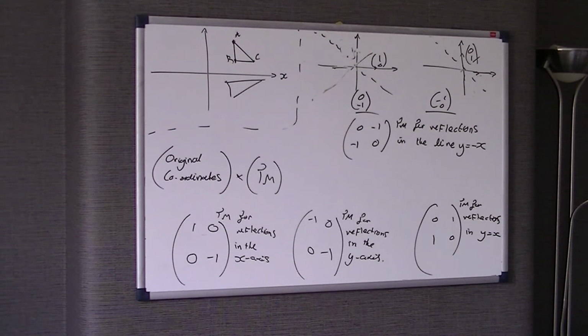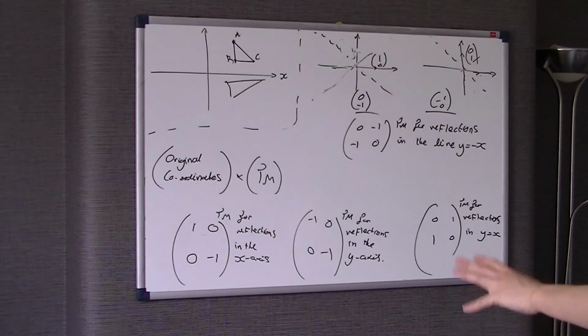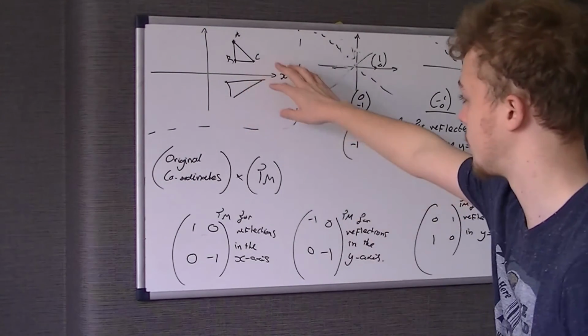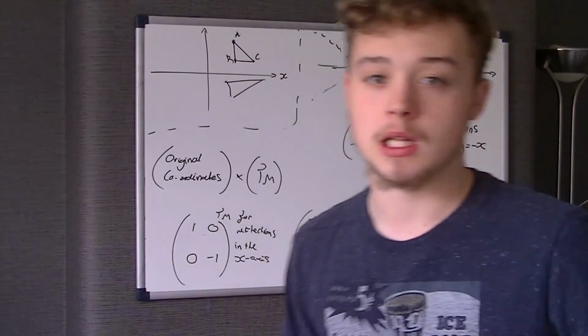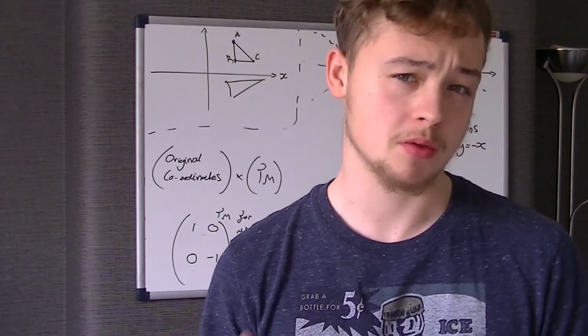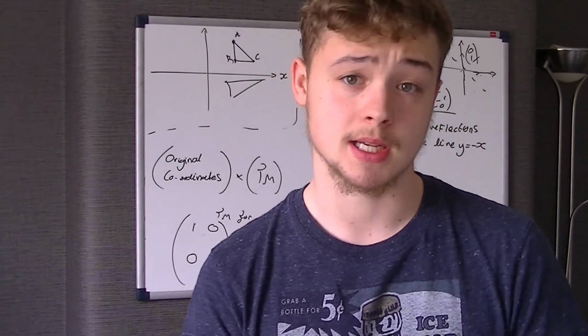I put a little note next to each transformation matrix saying what it is for. I've not come up with coordinates for this and applied it like I did in the other video, purely because you know how to multiply out matrices.